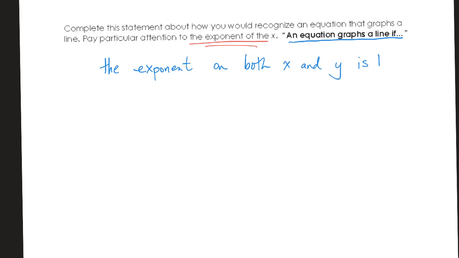I think that's a pretty decent statement. And if we have that, then I think we're doing pretty good. My guess is I would have had a bunch of people that simply would have written when the exponent on x is 1. And I want us to see, and we will coming up, that maybe that blue statement about the exponent on both x and y starts to be a little more complete.